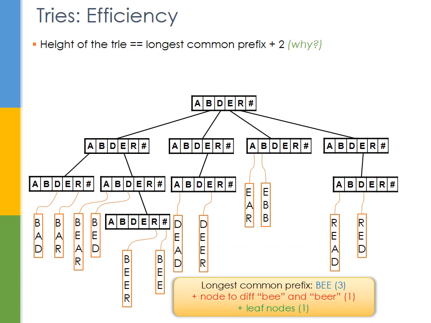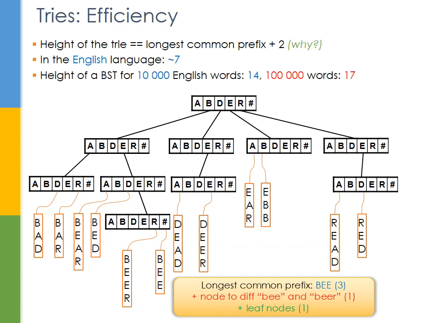How does this translate to an actual human language? Let's use English as an example. Generally, the longest common prefix that you will find on average in the English language will be around a max of 7 characters. Knowing this, the height of a binary search tree in this case would be 14, for example, for 10,000 English words and 17 for 100,000 English words.